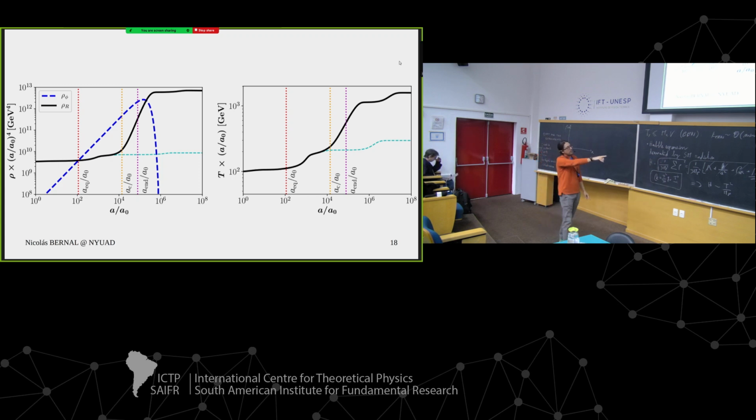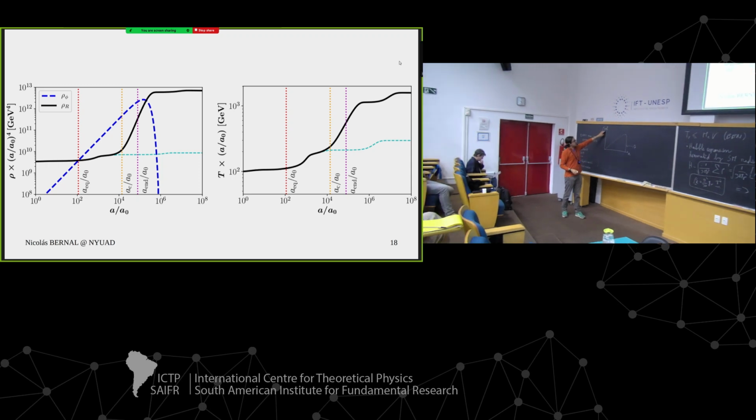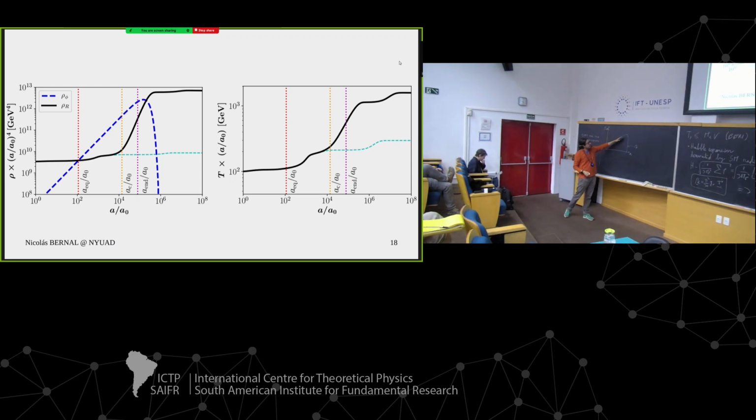And matter, so non-relativistic particles, will increase linearly with a, because it's 1 over a cubed times a to the fourth, linear with a. So it will be something like this, and at some point it decays. This will be the energy density of phi. Multiplied by a to the fourth it goes linear with a, and at some point it decays and completely disappears.